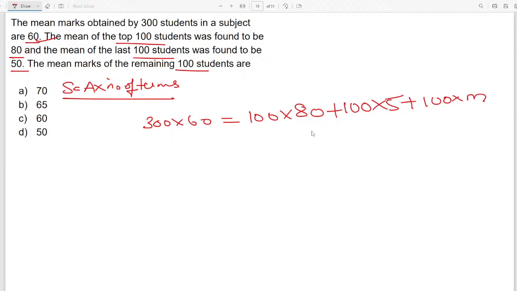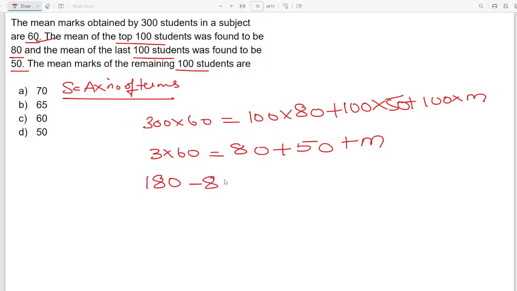So I'll take 100 common out of this. This will be 3 into 60 is equal to 80 plus 50 plus m. 3 into 60 is 180, minus 80 minus 50 is equal to m. 180 minus 80 is 100, and 100 minus 50 is 50.